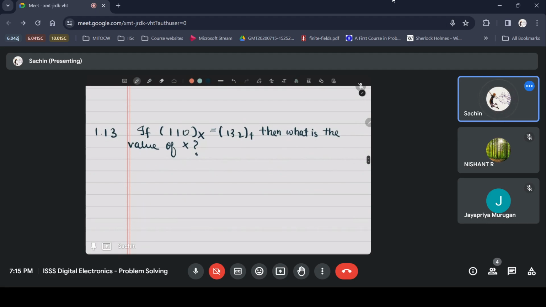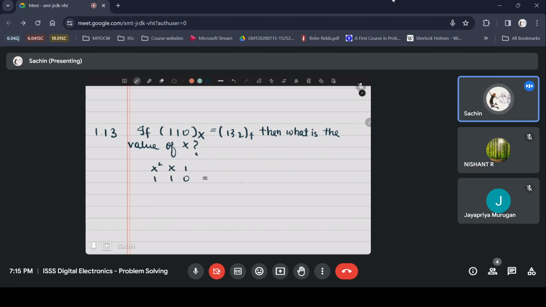All right. If 110 base x is equal to 132 base 4, then what is the value of x? So if it's in base x, the place values will be x square, x, 1, right?